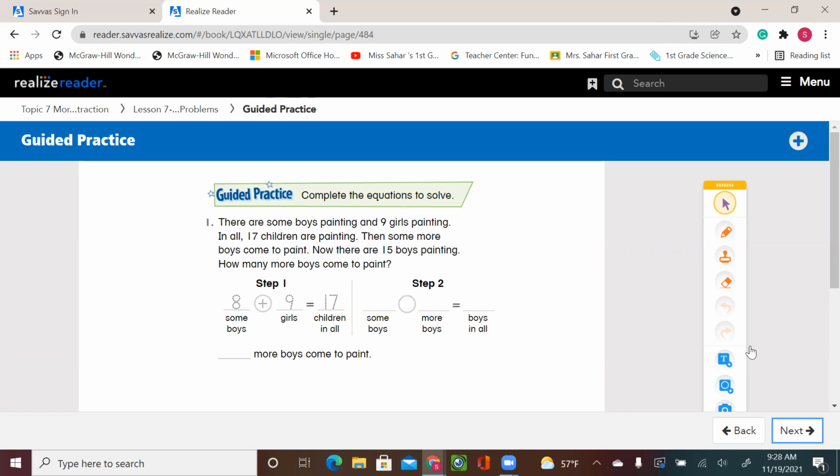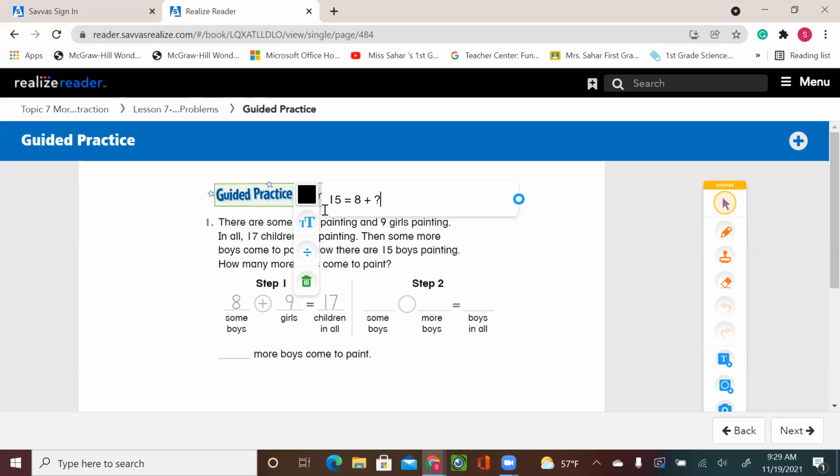I can say now, I know that I have the total boys after they join now, 15. And I know the first part, or the first group of boys, was 8, plus.